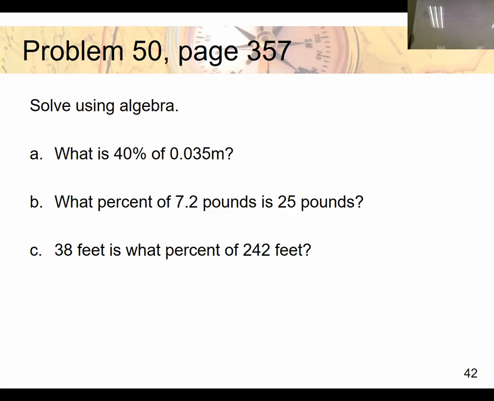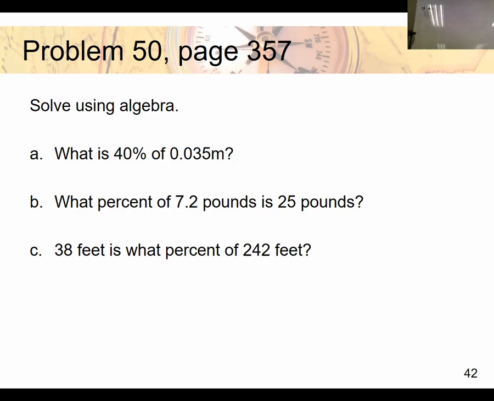These are just like that. Where it says in part A, what is 40% of 0.035 M? So we were to solve this.